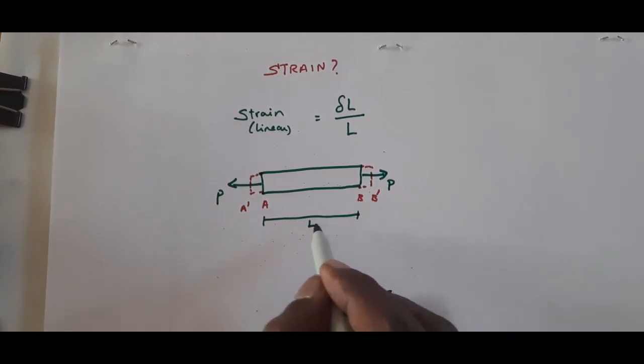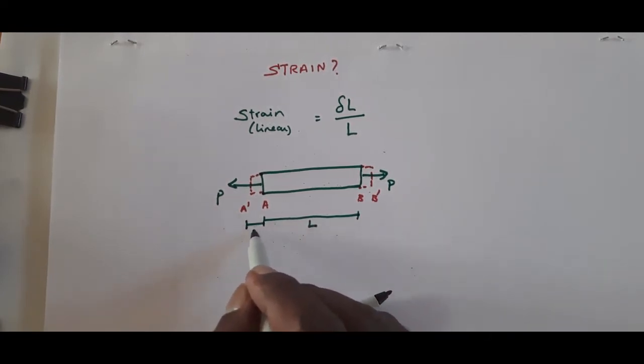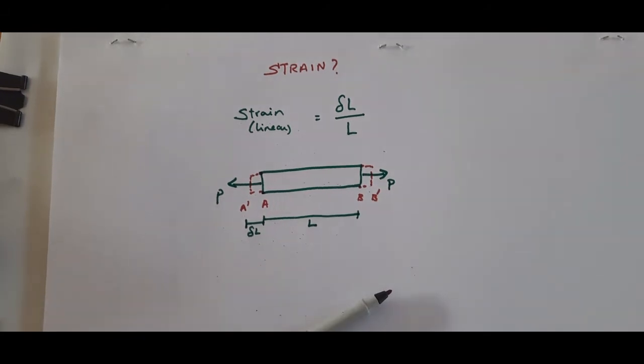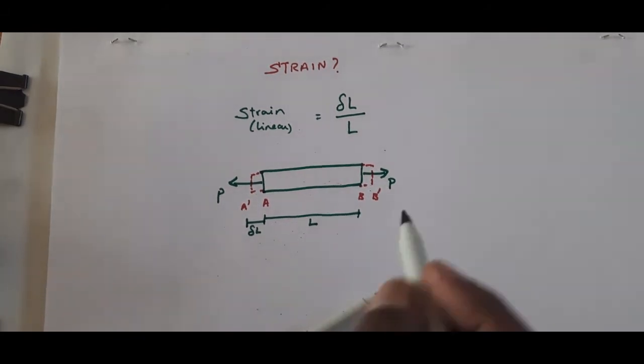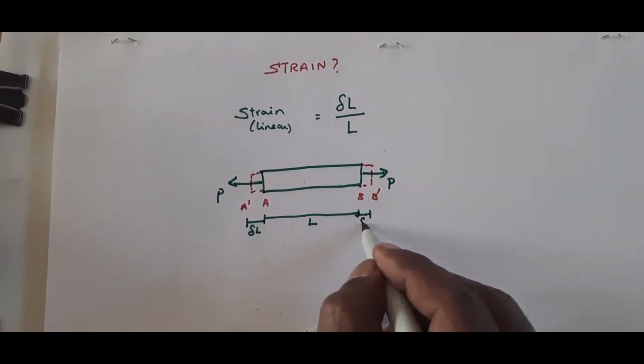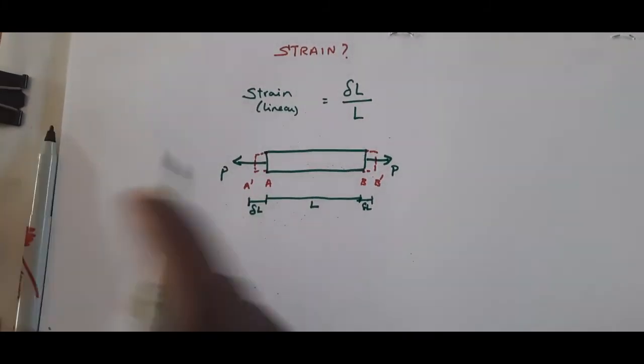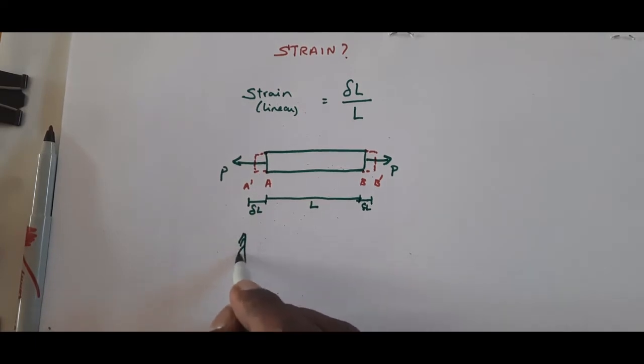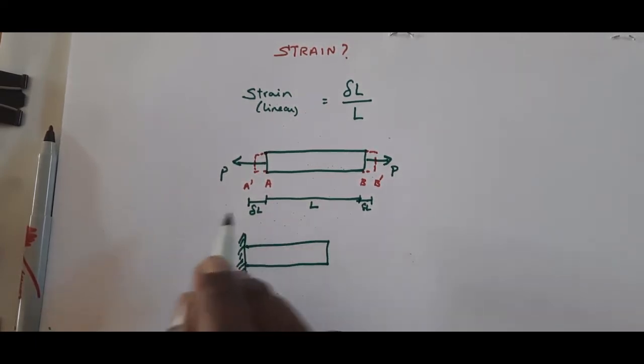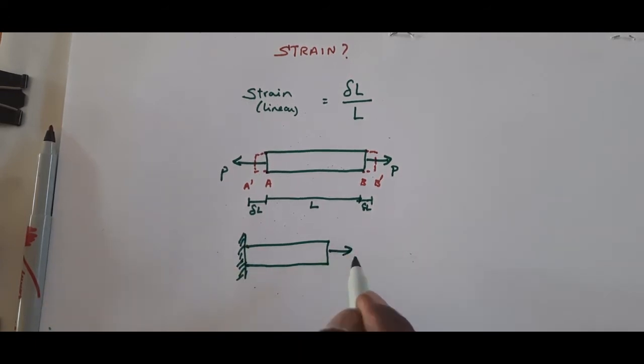So when you see here, this is the total length, and this will be the change in length. Let us assume that this bar is being fixed at one side and pulled.